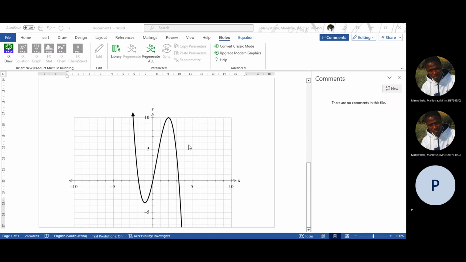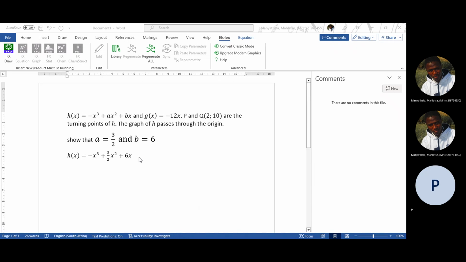This is how the graph is supposed to look. If they said to draw it, it would look like this one. So okay, fine, let's continue to the next question.